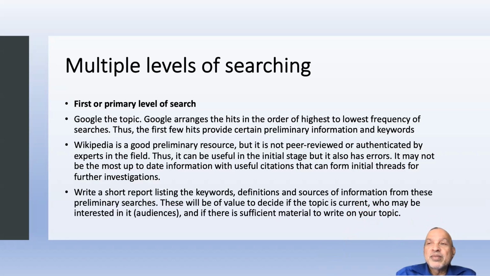So the articles at the highest frequency on the top, look through them, read through them. I'm not saying you shouldn't, you should. And then take notes, write down keywords. This is what the primary level of searching is going to be, to collect keywords that are of interest to you.